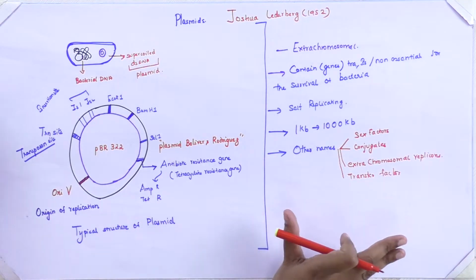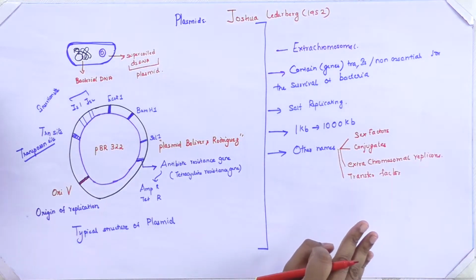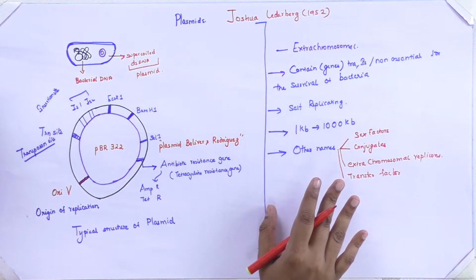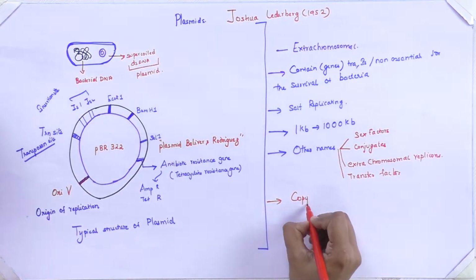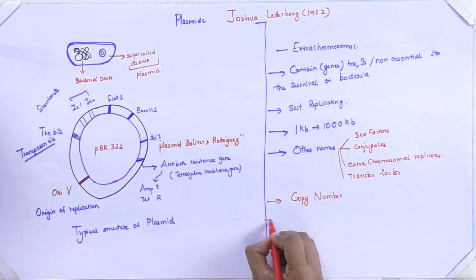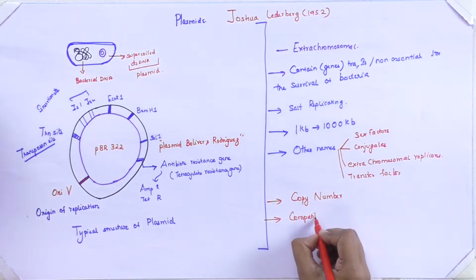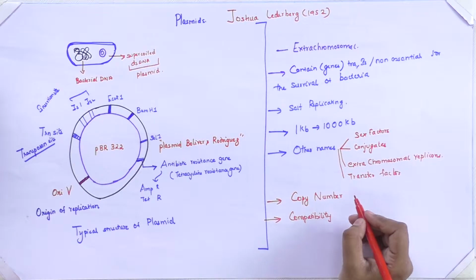Then come the basic features, that is, extrachromosomal, self-replicating, size from 1 kilobase pair to 1000 kilobase pairs. Other names for the plasmids will come under this property. Then I've already mentioned what copy number is: the number of copies of plasmid present within a single cell. Next comes compatibility, the ability of two distinct plasmids to survive in a single bacterium. So copy number: high copy number, low copy number.